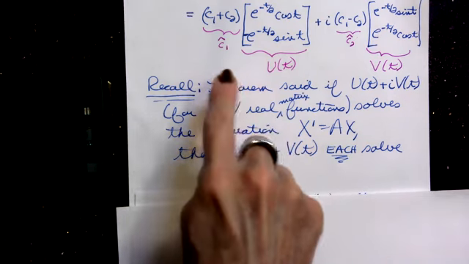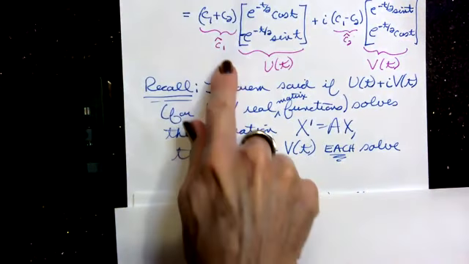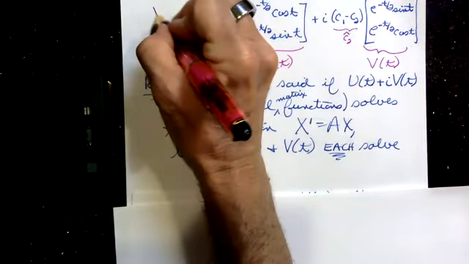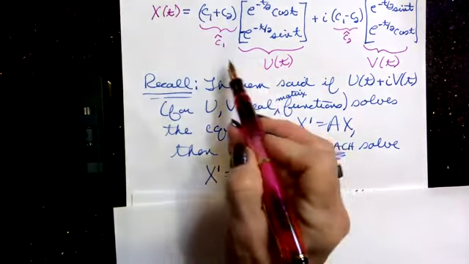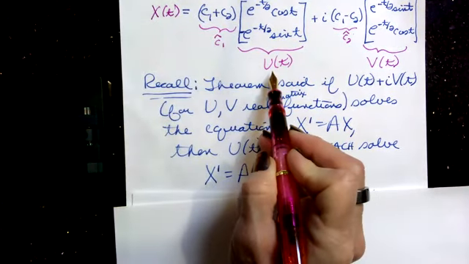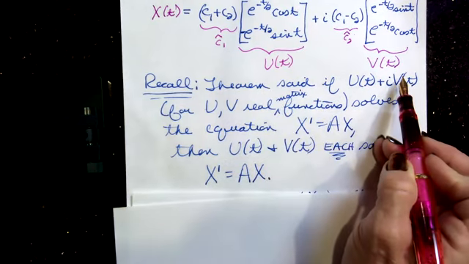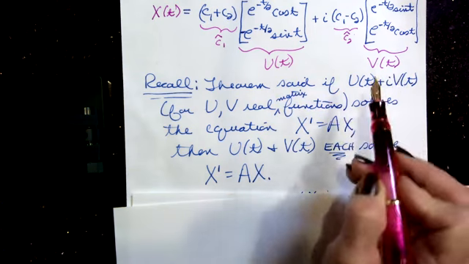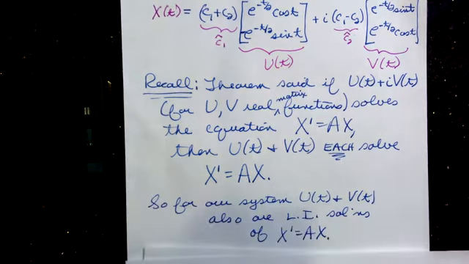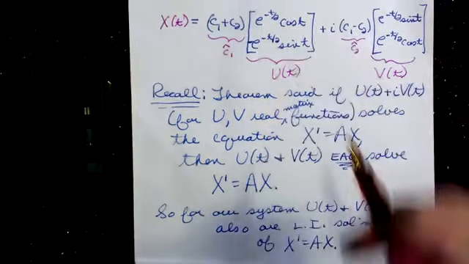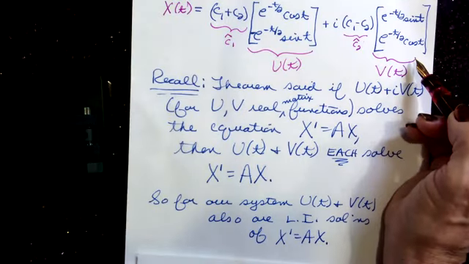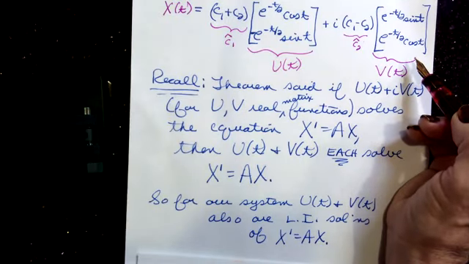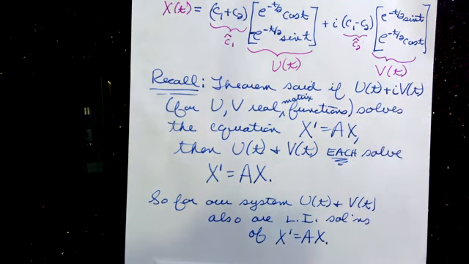So because we've written our solution x of t as a linear combination of u plus I v, a solution of x prime equals A x, u and v individually solve that equation. And so the fact that each one individually solves that equation means we have our answer in terms of real valued functions. So that's how you can get the complex eigenvalue case down to real valued functions.